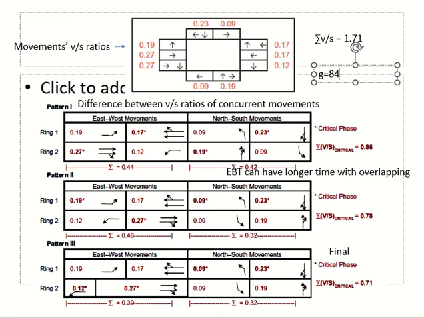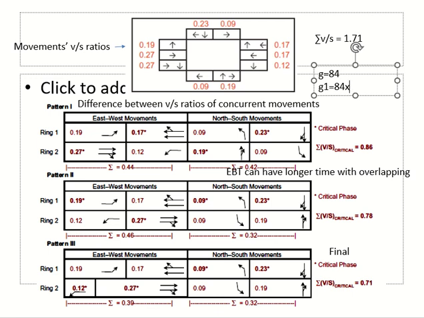Okay, now which movement should receive higher value of time? The one which has higher what? V/C ratio. Okay, so for example, for the first movement, this one, it has a V/C ratio of 0.19. Let me call it G1. They are using their own term, but okay. So G1 equals what? Total green time I have is 84.